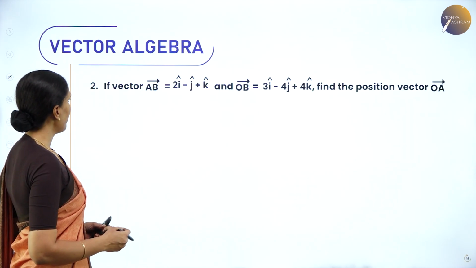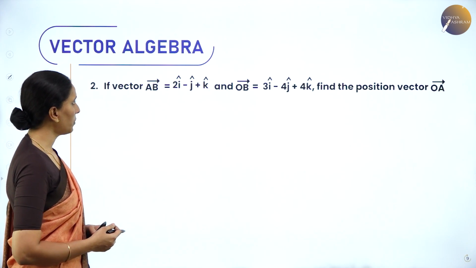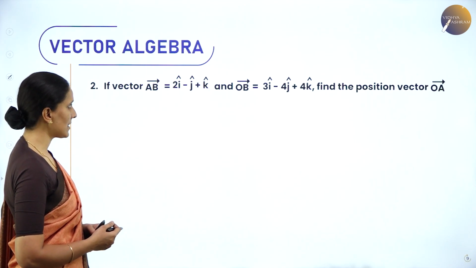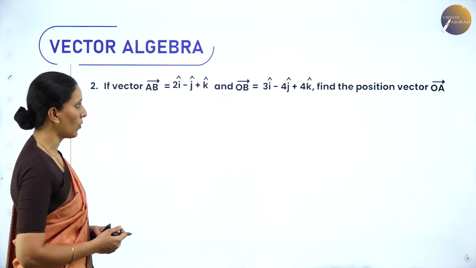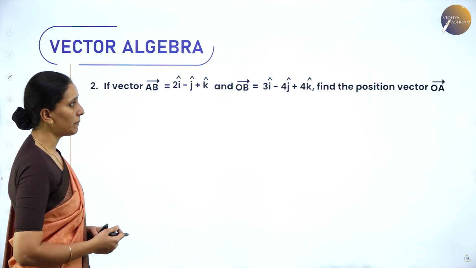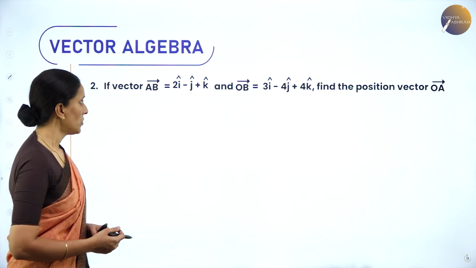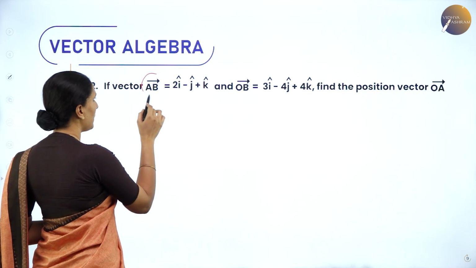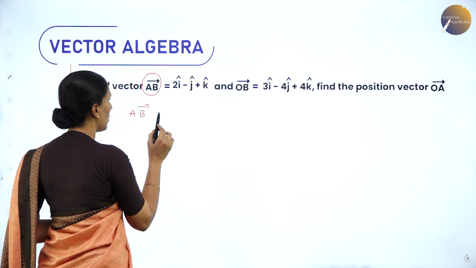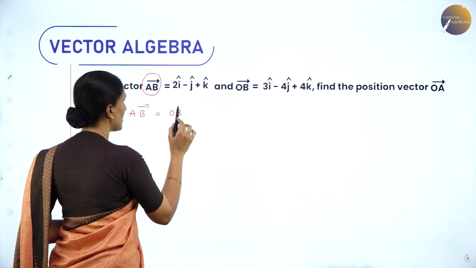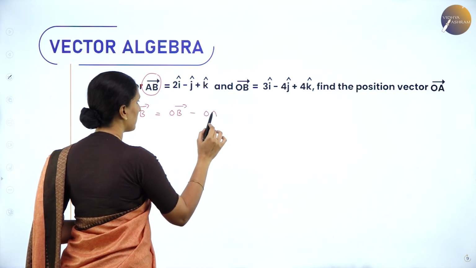Next question. If vector AB is equal to 2i minus j plus k and OB is equal to 3i minus 4j plus 4k, find the position vector OA. We know that vector AB can be written as vector OB minus vector OA.